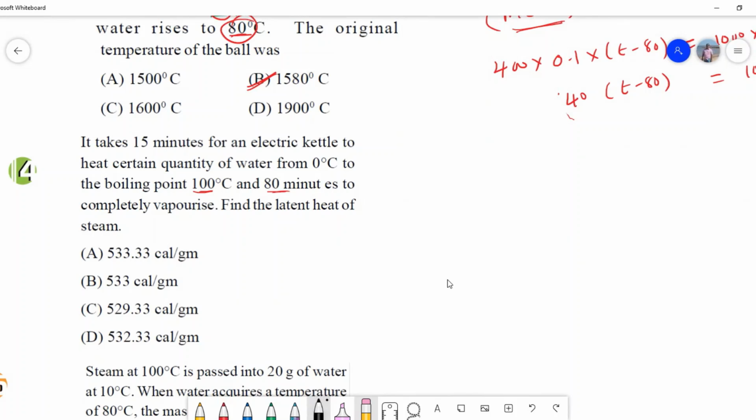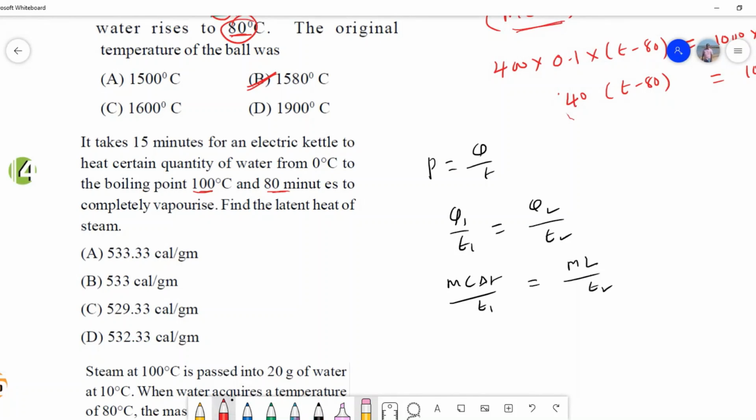So here we need to take power as constant, power is energy by time. So I'll equate Q1 by T1 is equal to Q2 by T2. So Q1 is MC delta T by T1, because there is a change of temperature, is equal to change of state upon time.